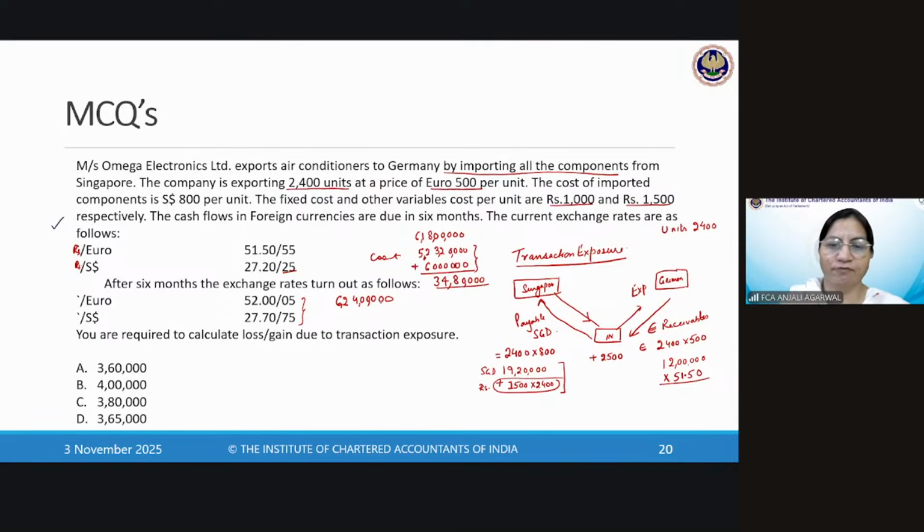Six crore 24 lakhs, and your outflow would be, the Indian rupee outflow will remain same, but Singapore dollar will change. 19 lakh 20,000 multiplied by 27.75. So 53.